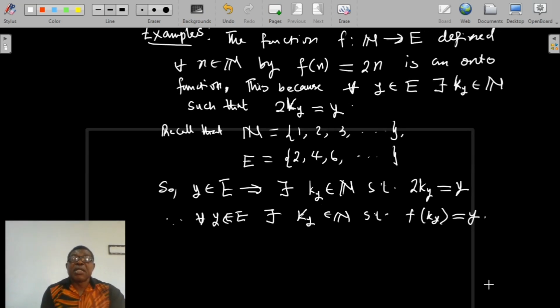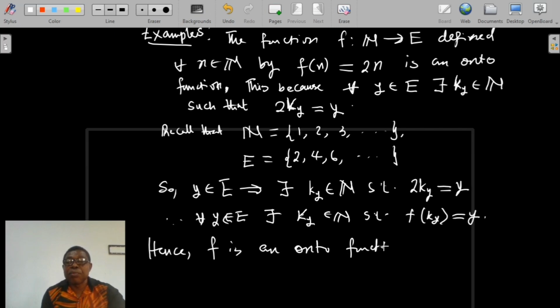So this means therefore that f is onto. Hence, f is an onto function. Remember that an onto function is also called a surjective function.